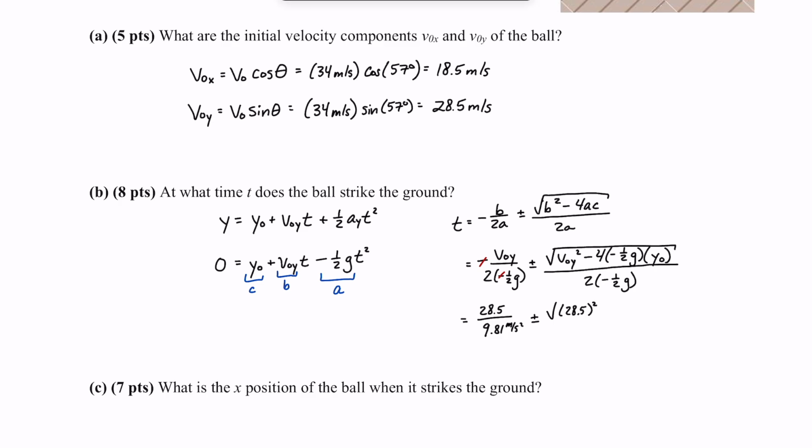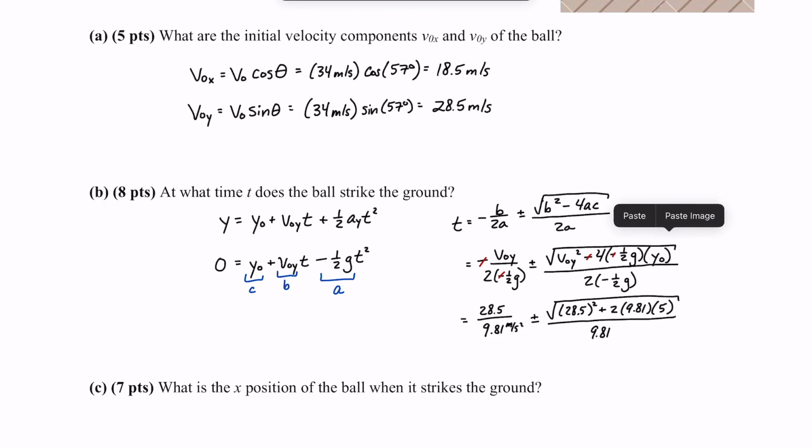Again, our two minus signs here cancel, so this will be a plus. 4 times 1/2 gives 2. And then for g, we have 9.81, and y naught was equal to 5. The denominator is still 2 times negative 1/2 g. 2 times 1/2 gives us 1, so this will just be 9.81. I'll erase the units here just because I left them out for all of the other numbers. We don't need to worry about this minus because this is actually a plus or minus, and so it will get absorbed into that.